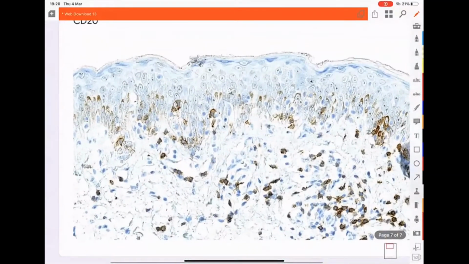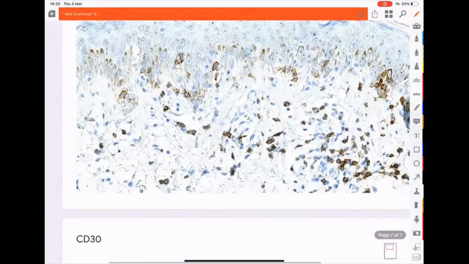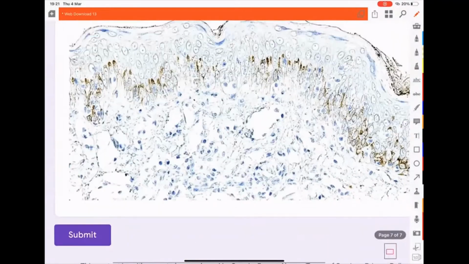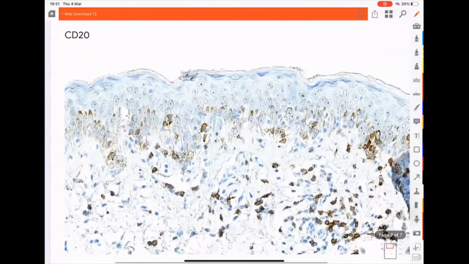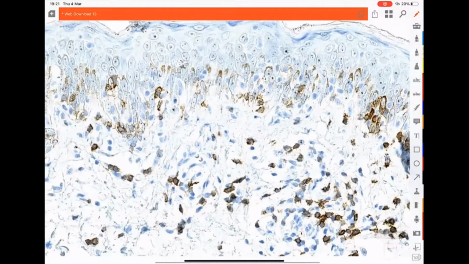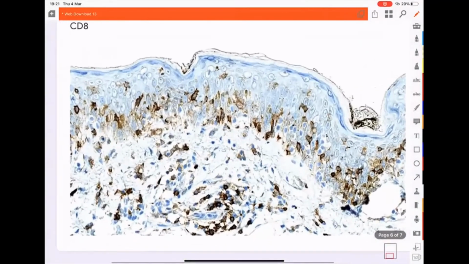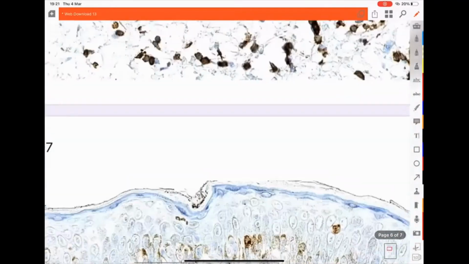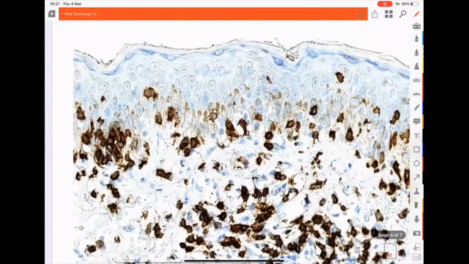CD20. And CD30. Okay, so what do you think? Let me just go back to the CD20. This is the CD20. And this is the CD8. And this is your CD4, right?